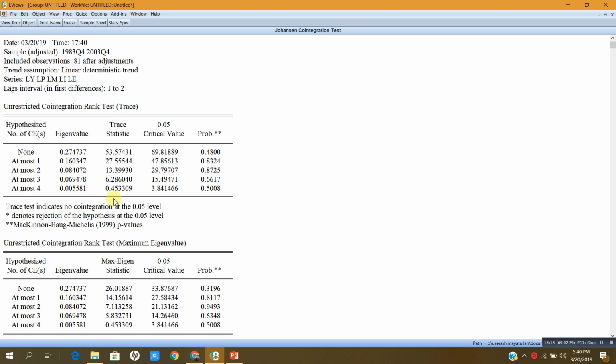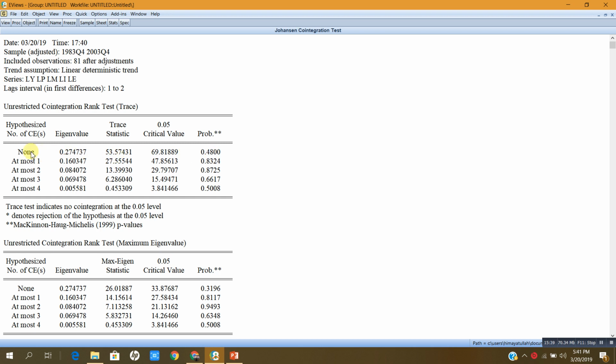Now this None shows my null hypothesis that there is no cointegrating equation, and if I check its p-value, that is 0.48. So I fail to reject the null hypothesis of no cointegration. Similarly, if I check at most one cointegrating equation, I also fail to reject.